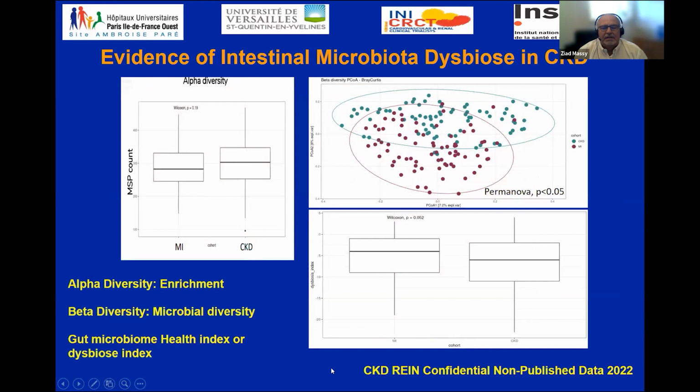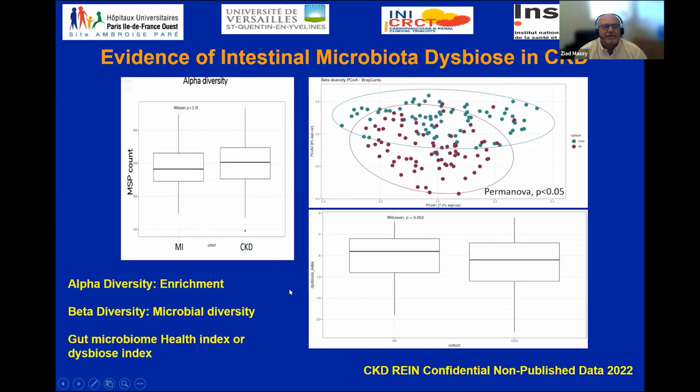Recently, in collaboration with CKD-MBD, we have this confidential unpublished data, comparing 68 patients with CKD with patients matched for age, sex, and BMI but with normal renal function. We looked at alpha diversity, which is the richness of the microbiota, and there was no difference.